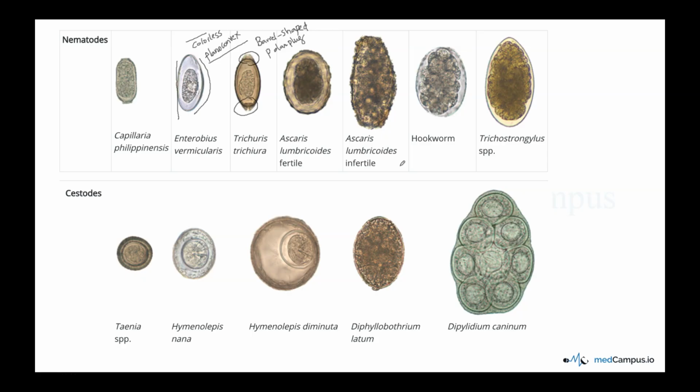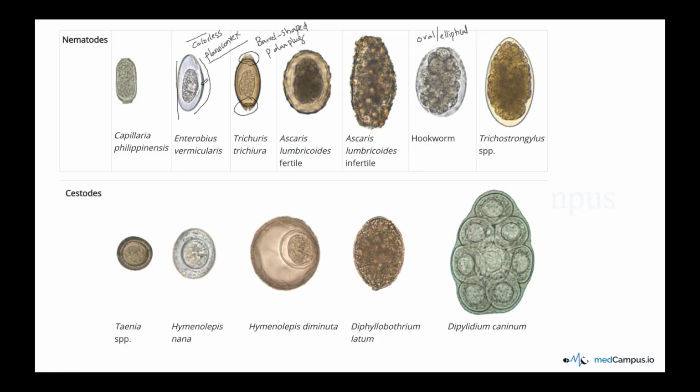Like the egg looks similar. Try to find out the characteristic feature of this hookworm. It is not elongated. This is oval or elliptical. So this is either an ellipsoid or oval egg, and it has a thin shell.